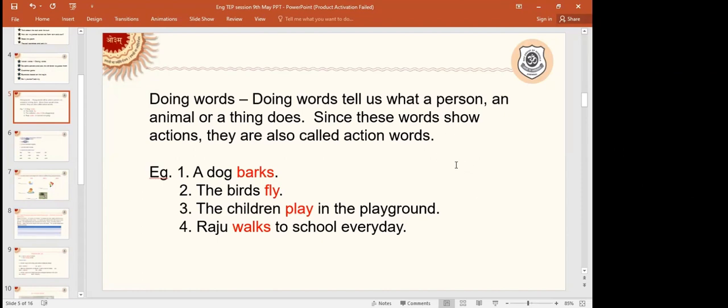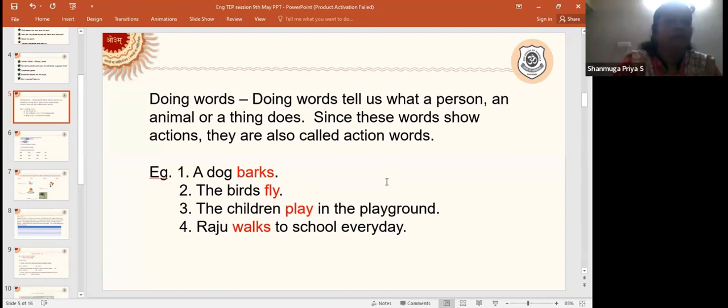Walks. Okay. Then later we can also ask the children, now children, you are getting up in the morning. As soon as you get up from your bed, what are the activities you do till you come to school? We can pose a question like that, and children would come up with answers.